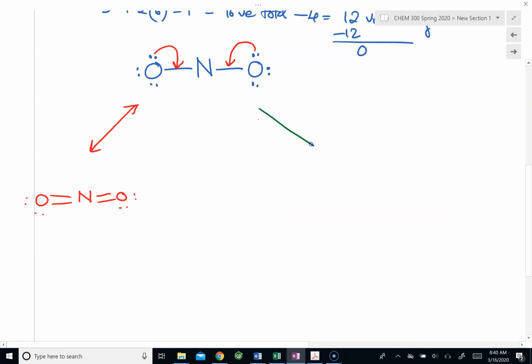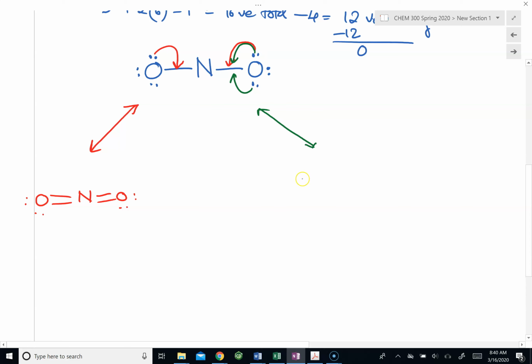Here we can take both lone pairs from one oxygen. That would be another way to give the central nitrogen two pairs of electrons to complete its octet. In this case, it does not matter which oxygen we do it with, it would still be the same answer.